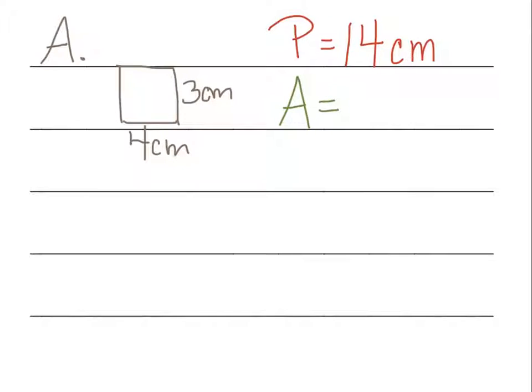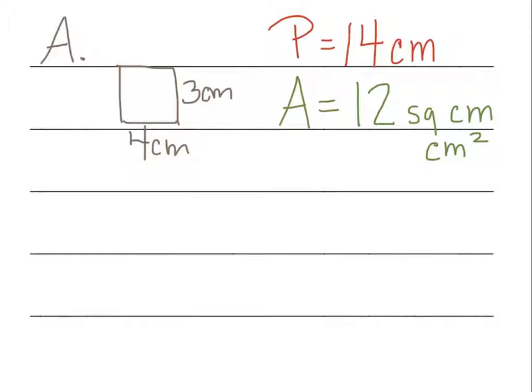Go ahead and figure it. Remember, area is length times width and your measurement squared. You would have 12 square, oops, sorry about that. Let's change that into a Q. 12 square centimeters, or you could have 12 centimeters squared.